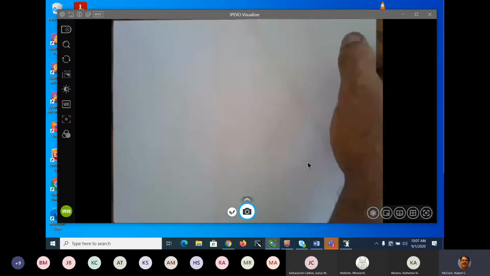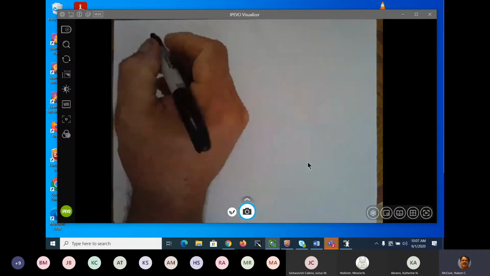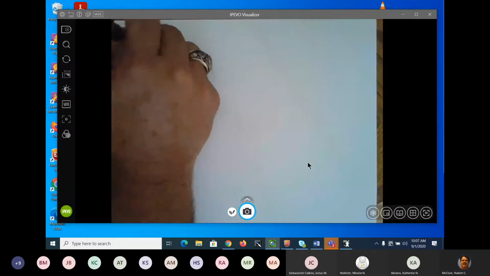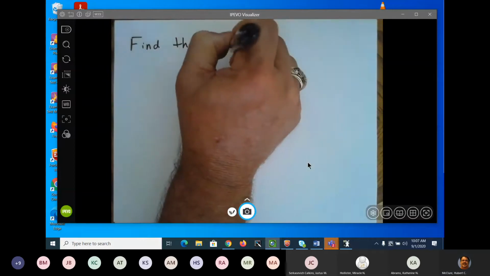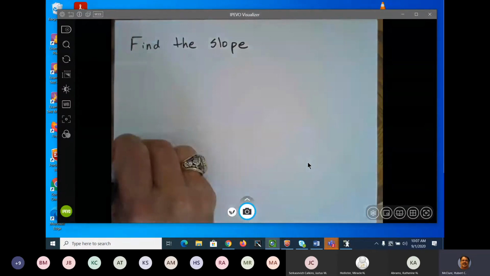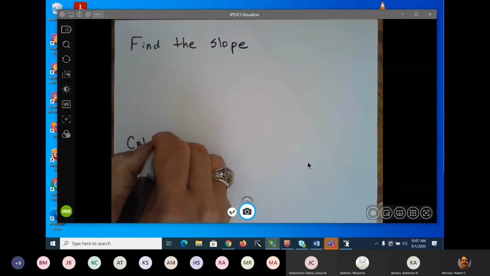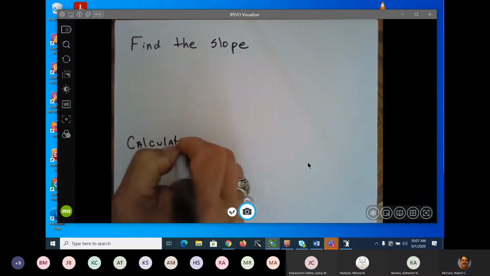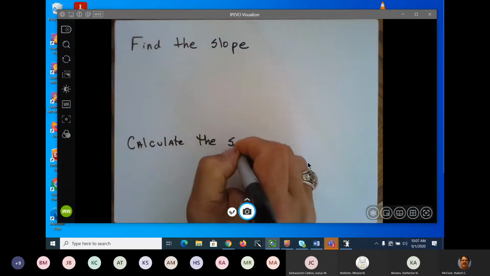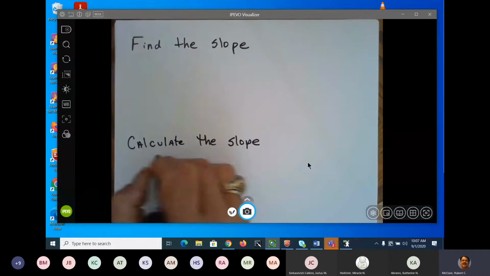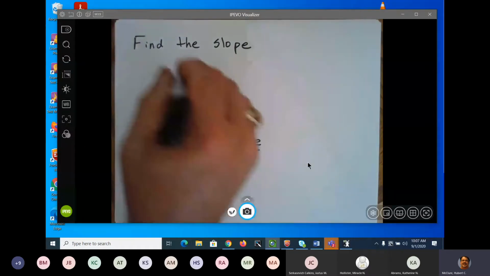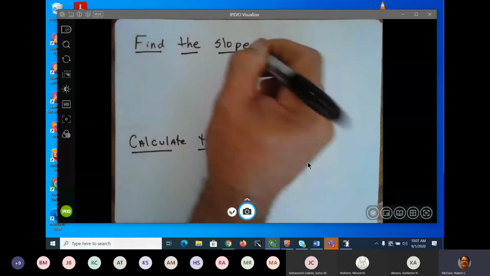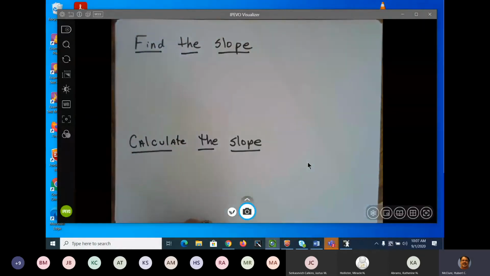In algebra, you can find the slope and you can calculate the slope. Okay, hopefully some of y'all remember. Of course, some of y'all invented the slope, but most of y'all hopefully remember that you can find the slope by solving for y.